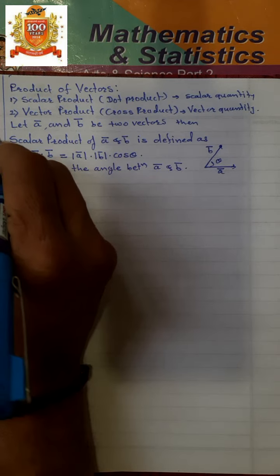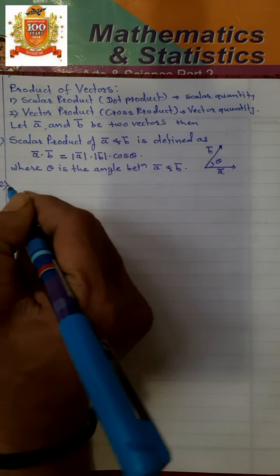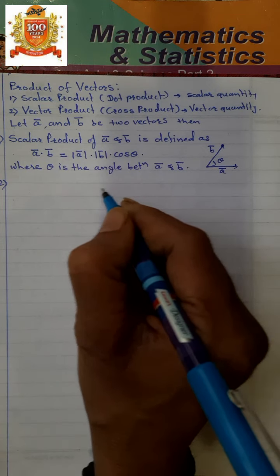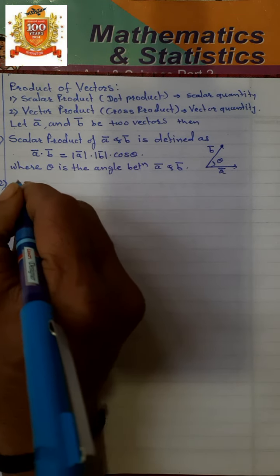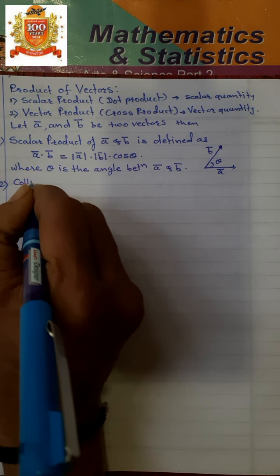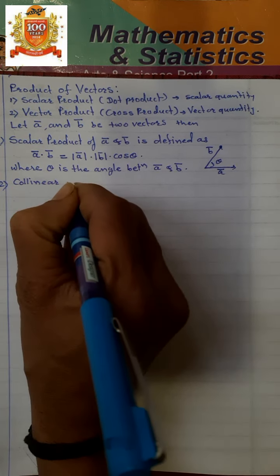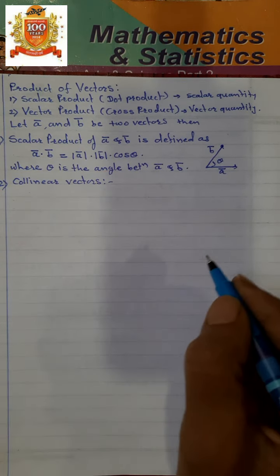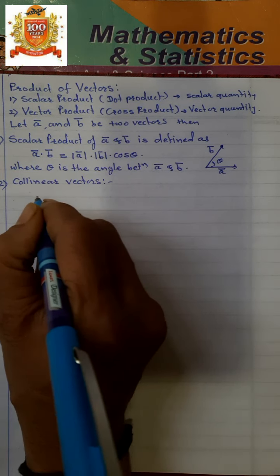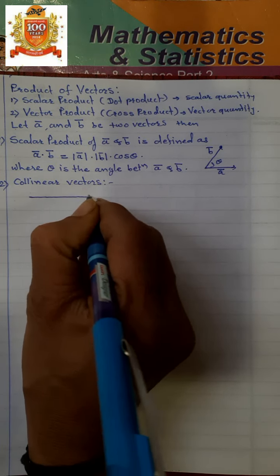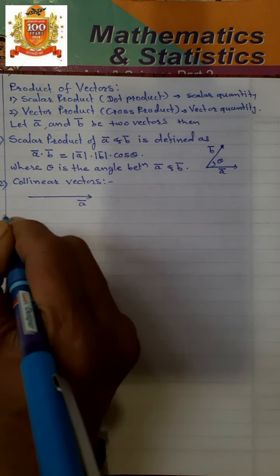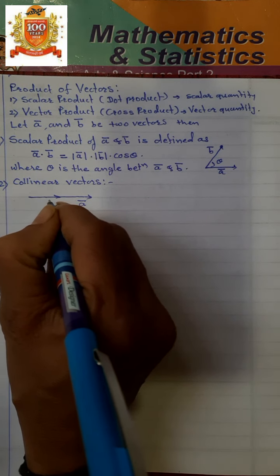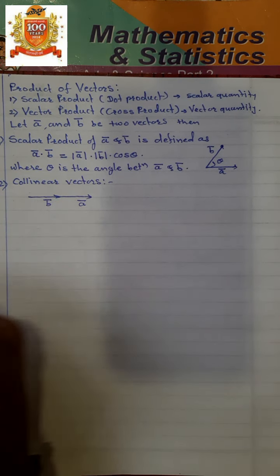Now, second, collinear vectors. Suppose this is vector A bar and this is the same vector B bar.